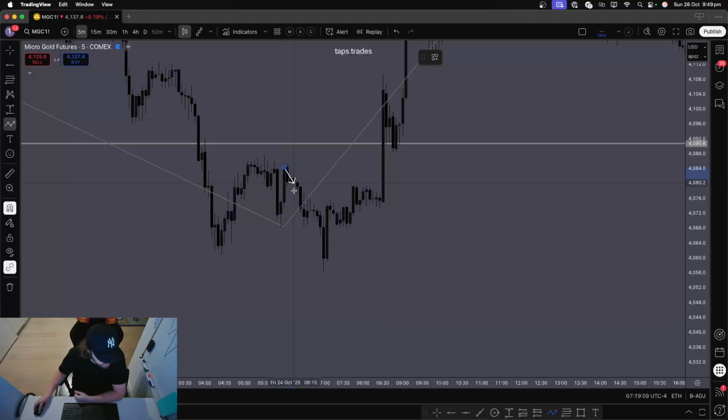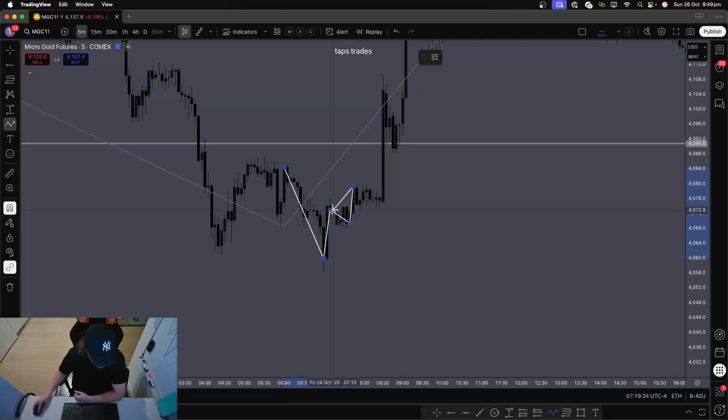Got a high, a low, a lower high. Oh, what's this? Price makes a, so this is technically a high, this is a higher low now. This is now a higher low because it doesn't break this low. Price then makes a higher high.